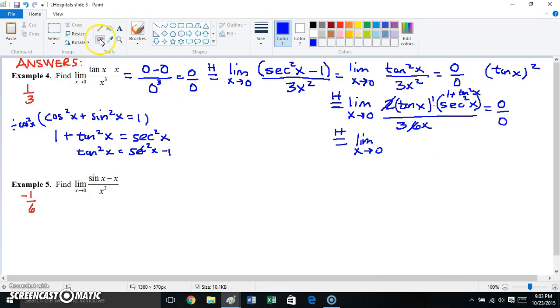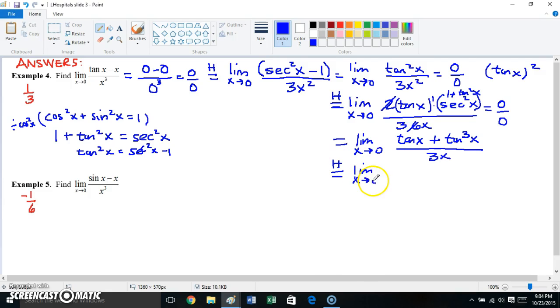So let me just say I'm not going to do L'Hopital's just yet. I'm going to clean up this algebraic work here and call this tangent of x plus tangent cubed of x over 3x. All right, so now I don't have to do the product rule. I can just do the chain rule where I need to.